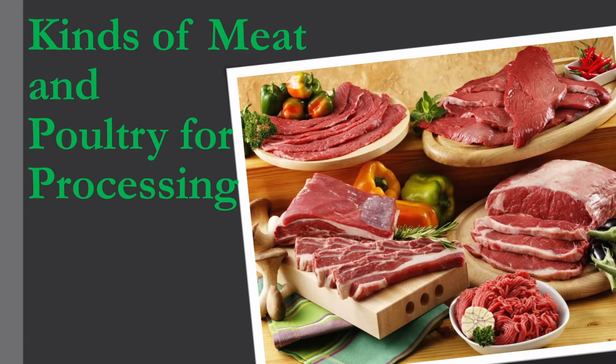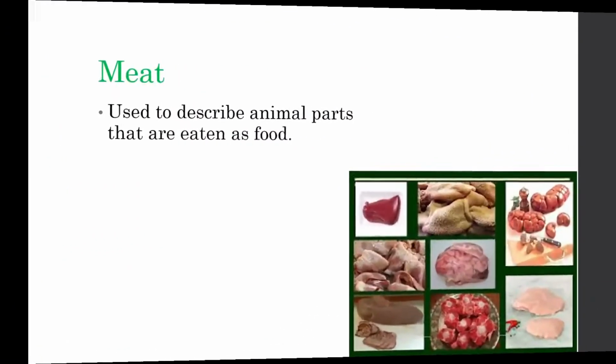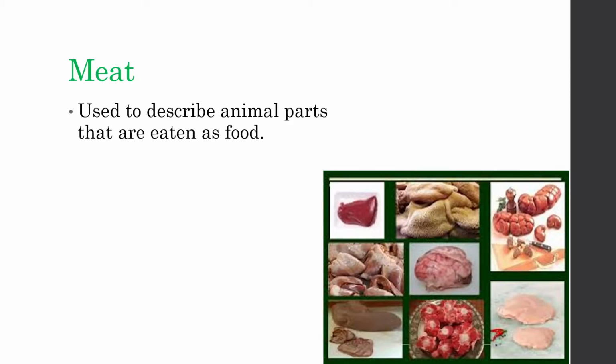Meaning this lesson has something to do with the parts of a meat and market forms of the meat and market forms of poultry. So let's start. Meat is used to describe animal parts that are eaten as food.